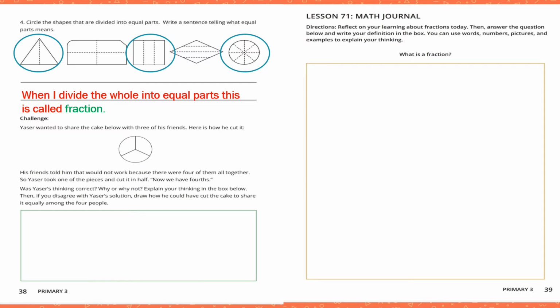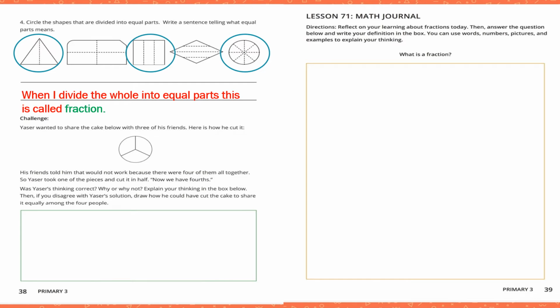Yasser wanted to share the cake below with 3 of his friends. Here is how he cut it. So we have now Yasser and 3 friends. His friends told him that would not work because there were 4 of them altogether.